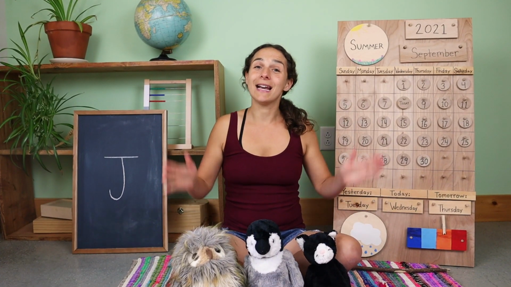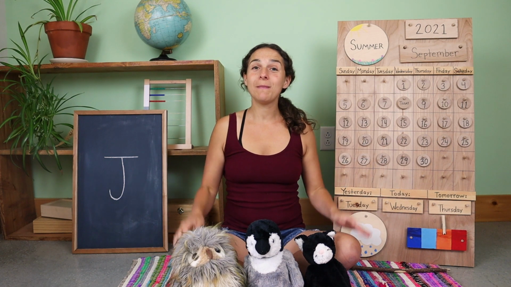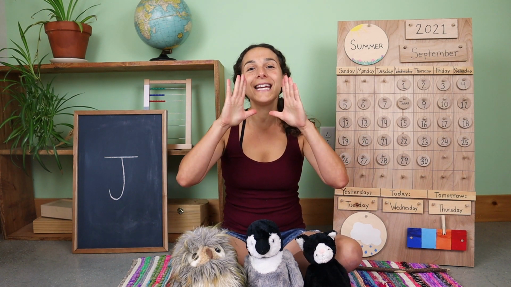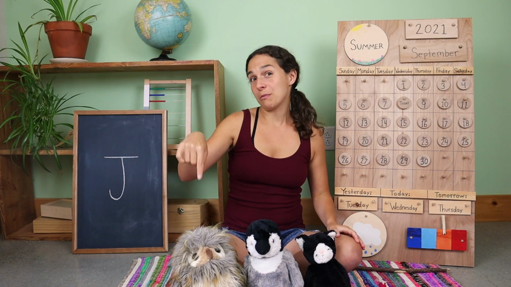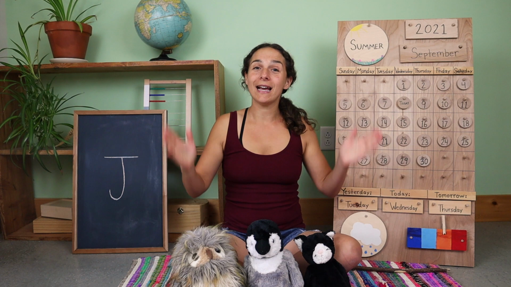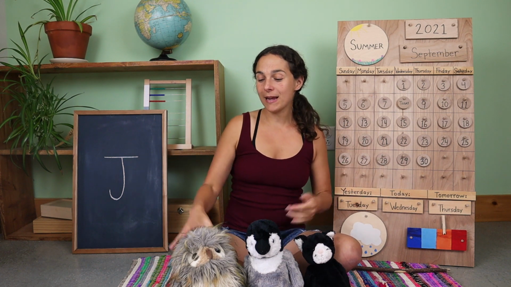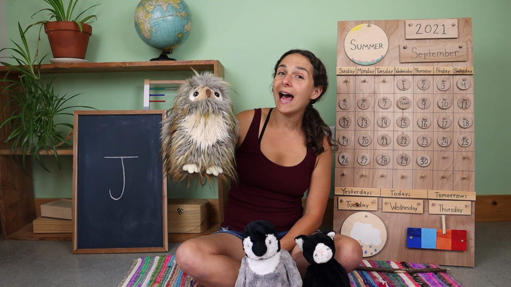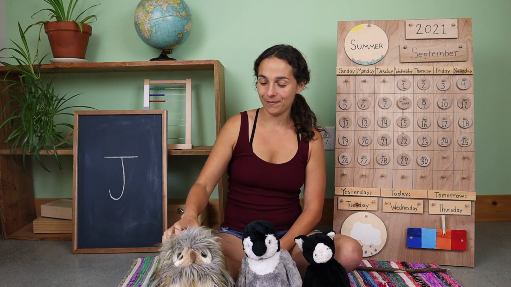Hickety-pickety bumblebee, can you say your name for me? Nina, Nina, Nina. Let's move on to Owl. Hickety-pickety bumblebee, can you say your name for me? Owl, owl, owl.